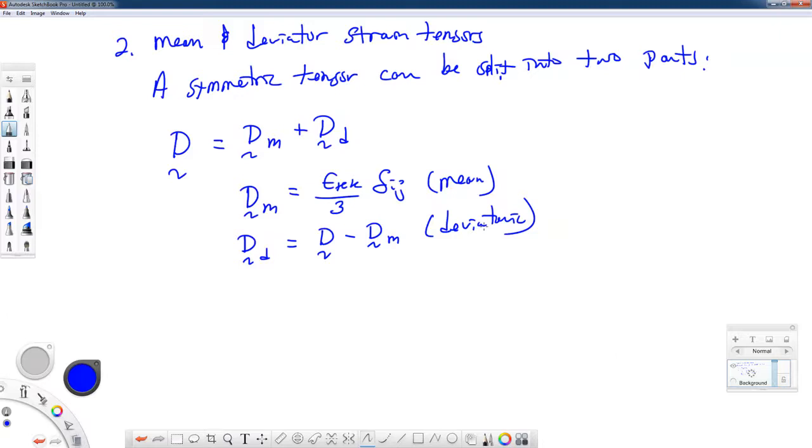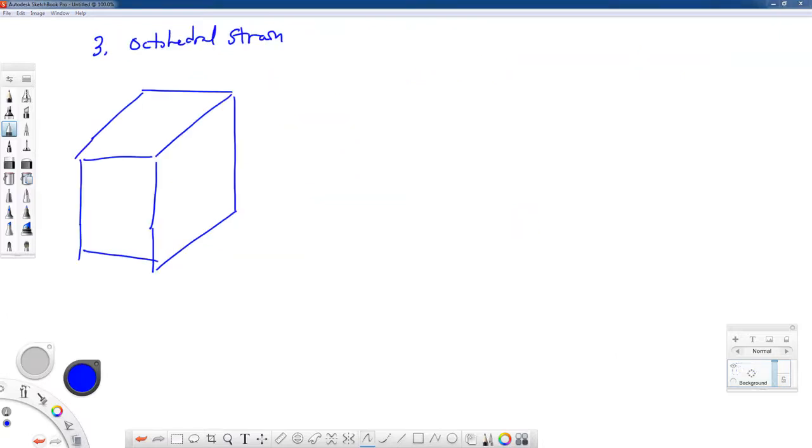Now we have another term we can talk about, and that's called the octahedral strain. And for that, I'm trying to draw a cube. And the edges of this cube are aligned with the principal strain directions.